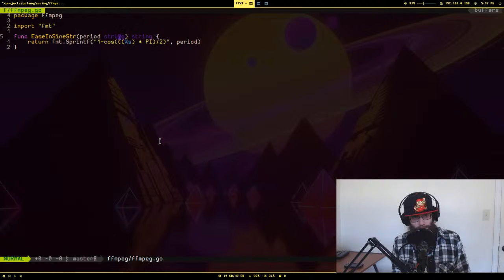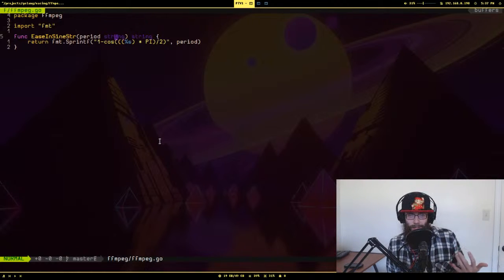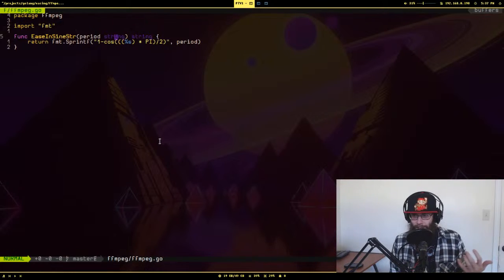So if there was no change, period could just be t, the constant t that the FFmpeg filter will use. But if it's changing over time, then you would pass in whatever it was, like t minus the starting duration divided by the fade-in duration. It looked like something like that.